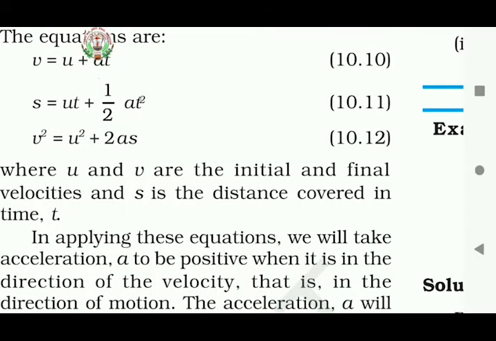So when we replace a by g and s by h, our equations change into v = u + gt, h = ut + half gt square, and v square = u square + 2gh, where u is the initial velocity, v is the final velocity, h is height, g is acceleration due to gravity, and t is the time taken.